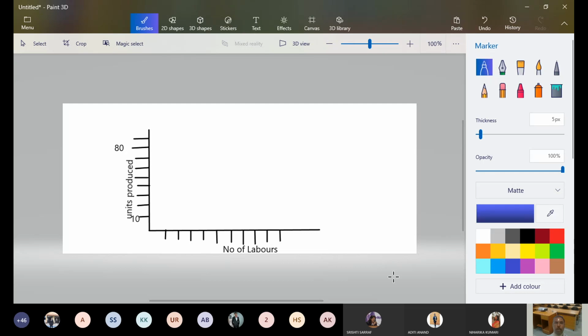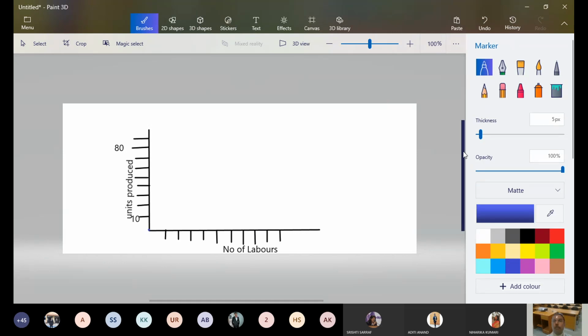No. So we tell you, you just look at the table and we find that it has certain numbers: 0, 10, 24. So what do we do? We first go for 0. So 0 is here at the origin. So there is no problem.